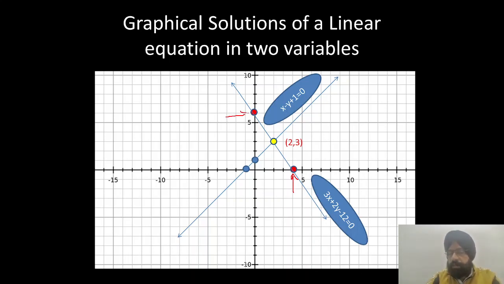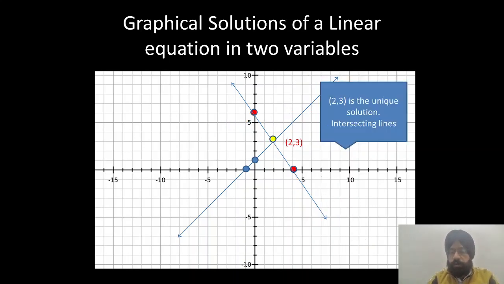And my second point was 0 comma 6, and this is my second point. If I join these 2 points, I'm going to get intersecting lines, and the point of intersection is going to give the solution, and you can easily see that it has only one solution. I hope you all are getting the first case, and I've proved this with the help of the graph.